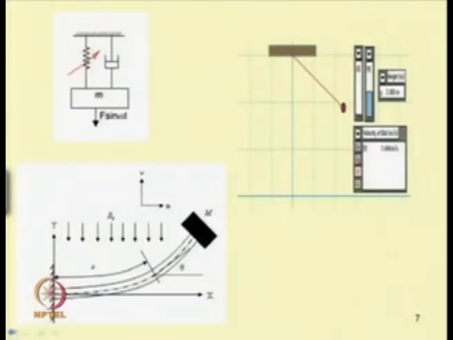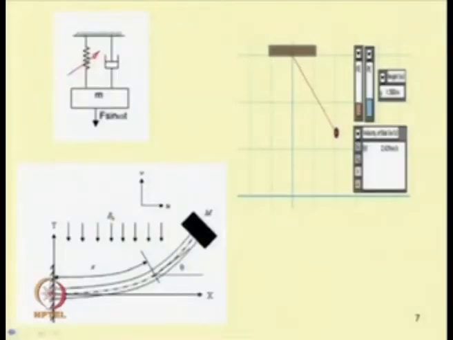Similarly, by taking a continuous system, we can reduce that system to a single degree of freedom system by doing single mode approximation, and in that case also we can have a conservative system where the system equation can be written in the form of quadratic or cubic nonlinearity.